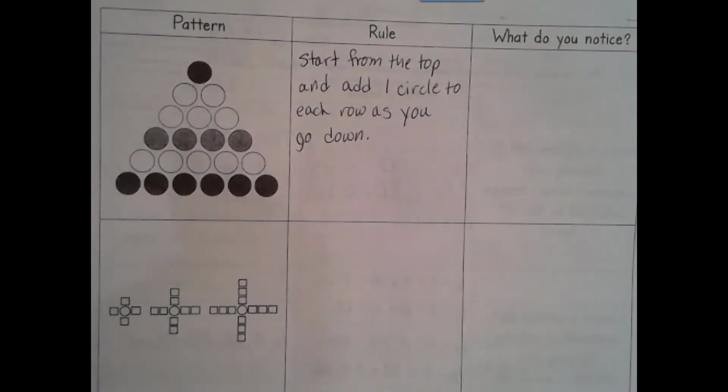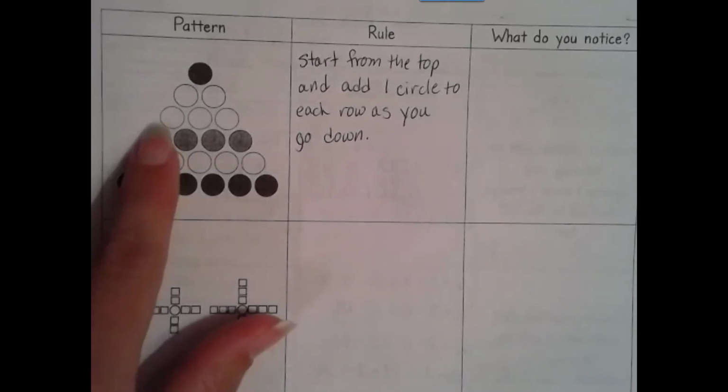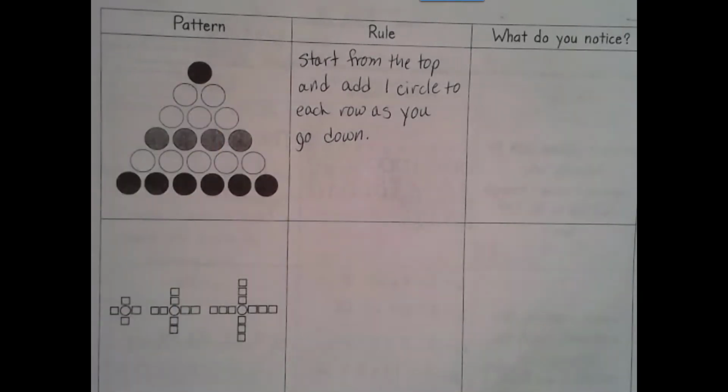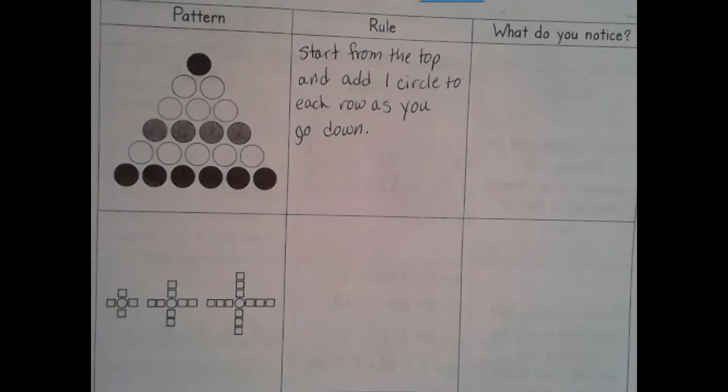Now if you were to start from the bottom, you'd say you'd subtract 1 circle as you go up. So it depends on where you're starting from. So it's important to figure out where the starting point is.